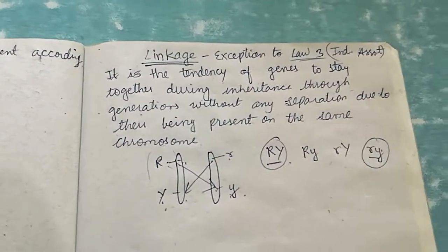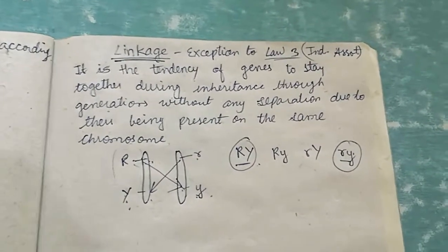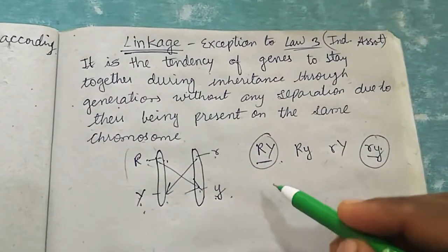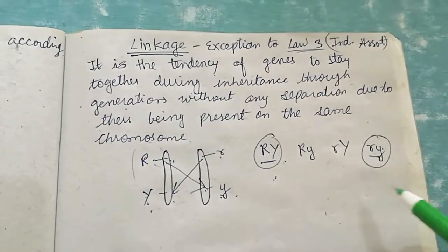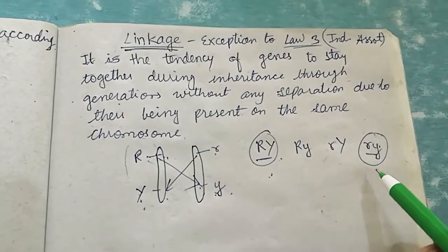Because of linkage, there won't be independent assortment, and there won't be a dihybrid ratio. The dihybrid ratio is 9:3:3:1, and there won't be any dihybrid ratio as such.